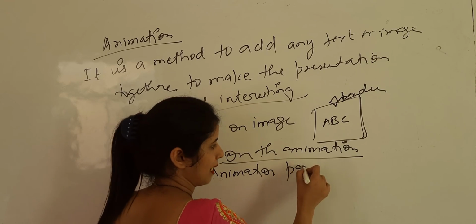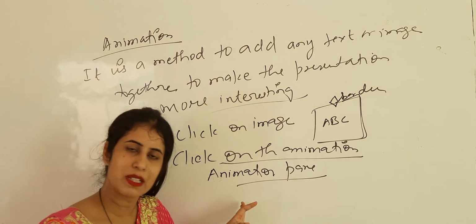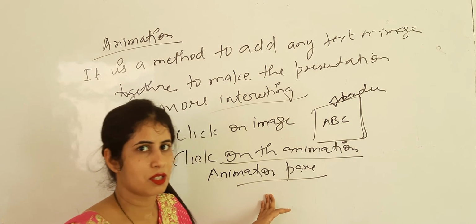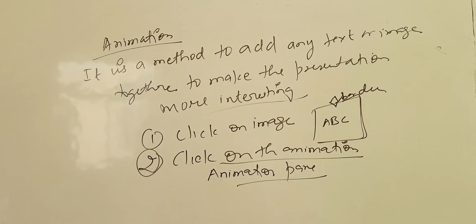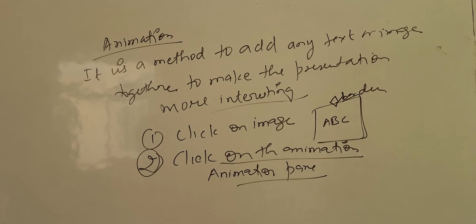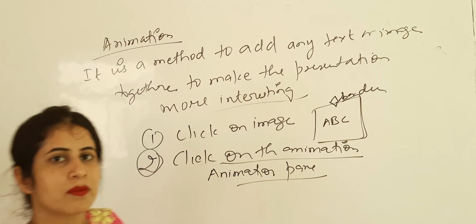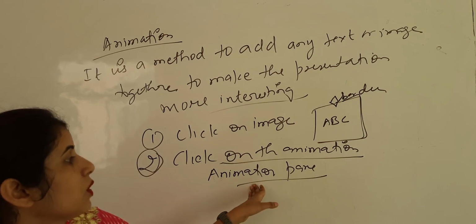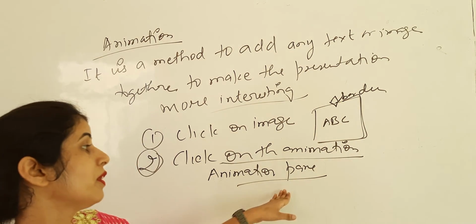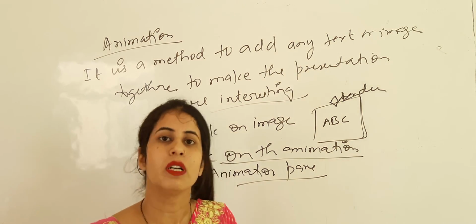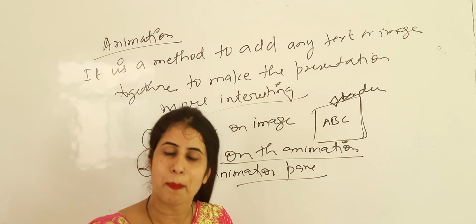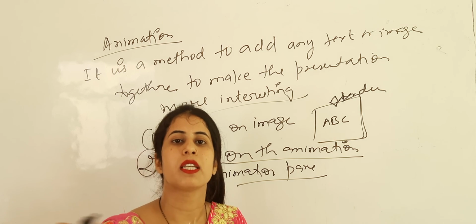First, you can choose the animation pane also. With the help of this animation pane, you are able to use it. In this way, by clicking on the animation pane, we are able to see the number of animations there, and we are able to apply all of these by using a few steps.